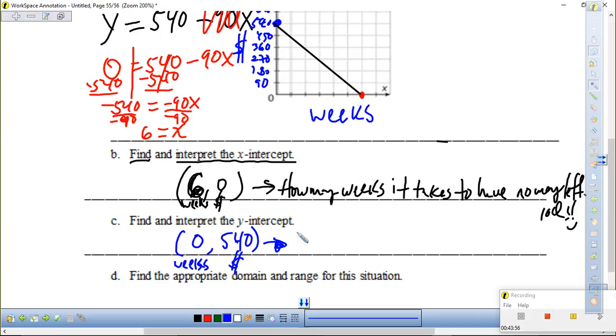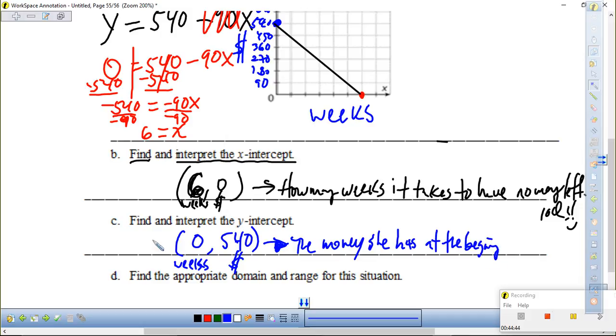Ryan, go. Close. Why? Chris. The money she has at the beginning.